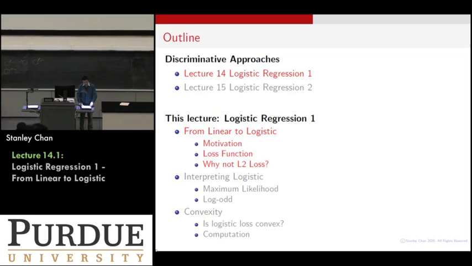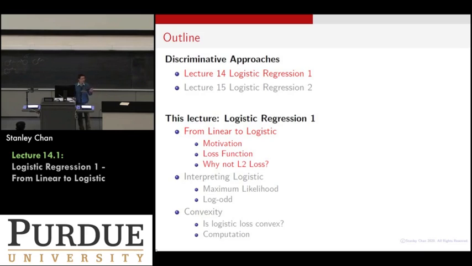So what we want to do today is to motivate the discussion of logistic regression and try to compare the logistic regression with the linear regression that we used to see. In a particular problem, we want to ask, why do we want to choose this thing called the cross entropy loss, but not the L2 loss?